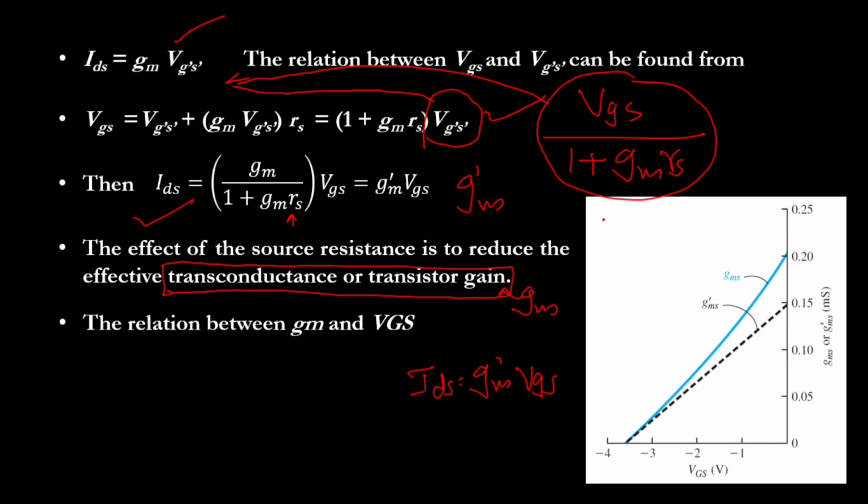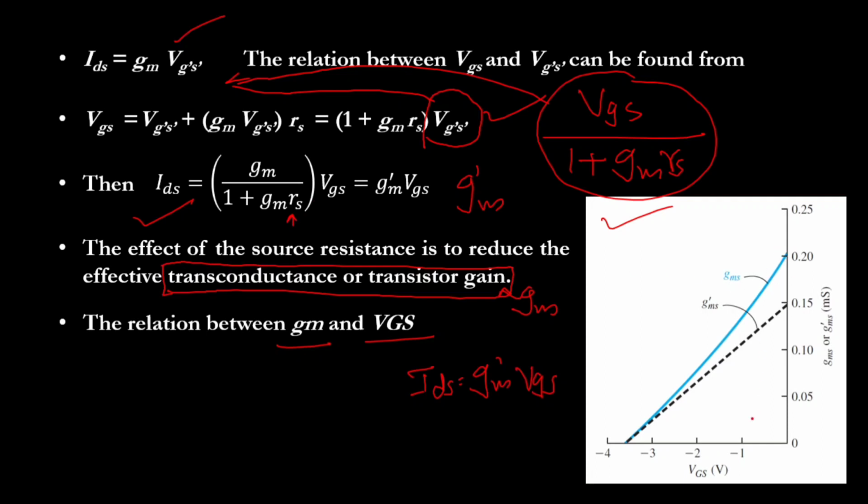Okay. Let's see this graph. It gives the relationship between gm and VGS. In the y axis we have taken gm or g'm, and in the x axis we take VGS. So how is this going to vary? Look at this.